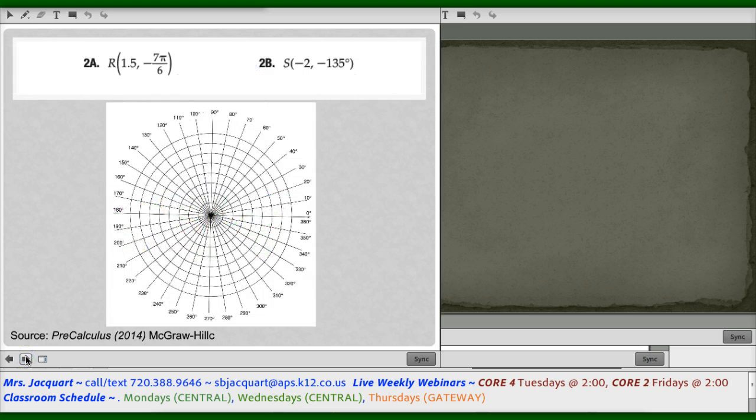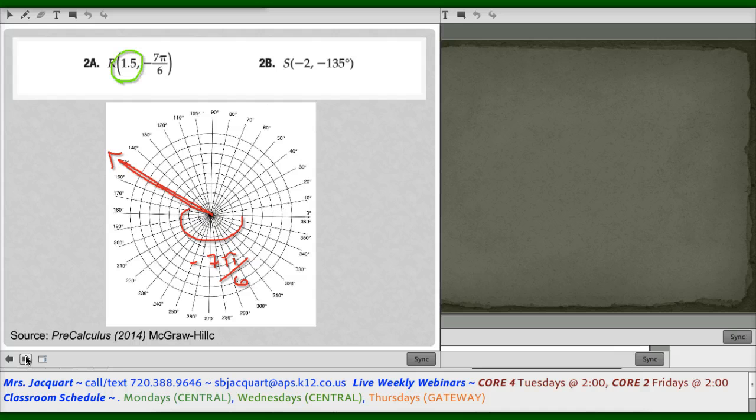Sweet. Okay, so now I just provided a grid for you. -7 pi 6 is this angle right there. I know you really can't see it, but that's okay. So that's -7 pi 6, and then we're going to go 1.5.